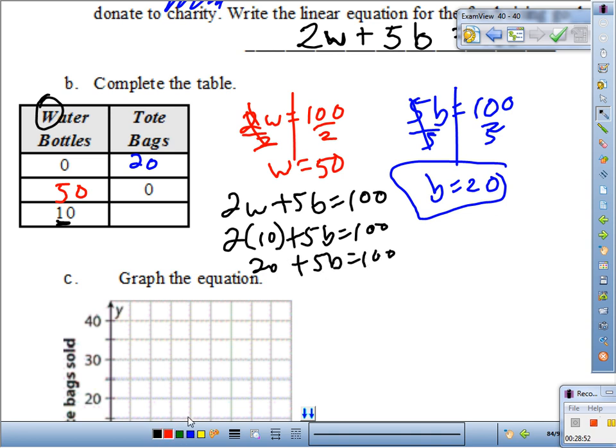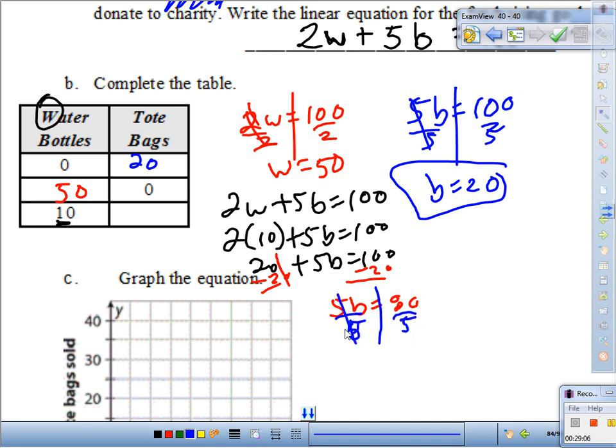Subtract 20. 5B equals 80. That's my last step. Divide by 5. Divide by 5. B equals what? 16.